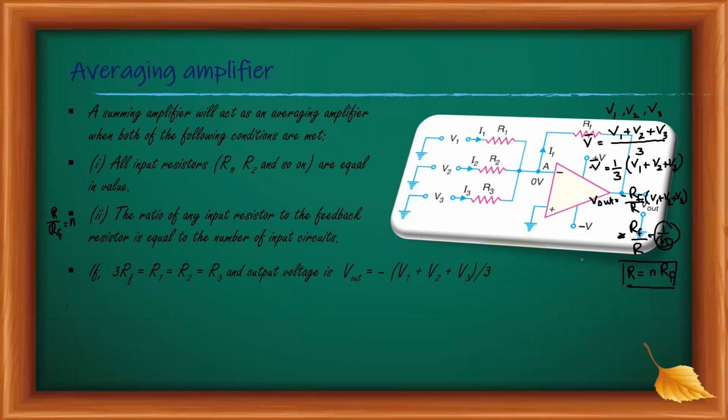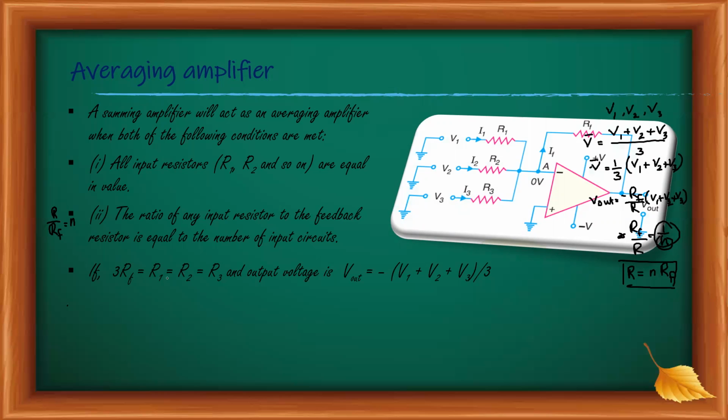Here we take the previous case. In the previous case, there are 3 inputs, V1, V2, V3. As there are 3 inputs, the value of n must be equal to 3. Then 3 RF must be equal to R1, R2, R3.